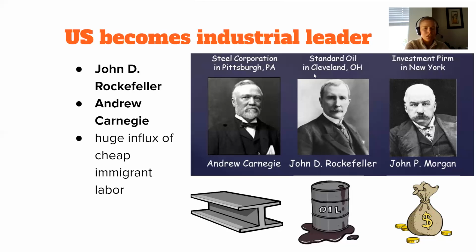Now, we have several terms for these men. Sometimes we call them the men who built America. And when we're doing that, we call them captains of industry, because they each were leaders in their field. JP Morgan, famous today for JP Morgan Chase Banks, was famous for banking, and like I said, for investments.